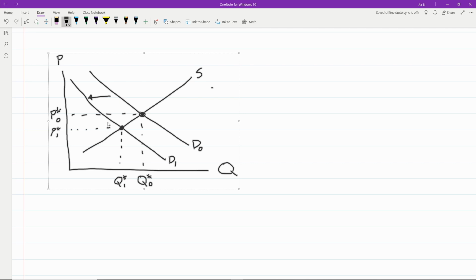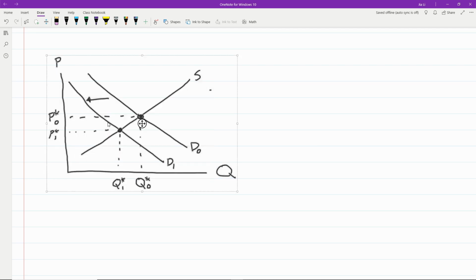So when the demand curve shifts left because people find out they're lactose intolerant and so they don't want to consume as much dairy, including milk, compared to before, then if the store keeps charging this price of P star 0, P star not, note what's happening is that this point represents quantity supplied at this price.